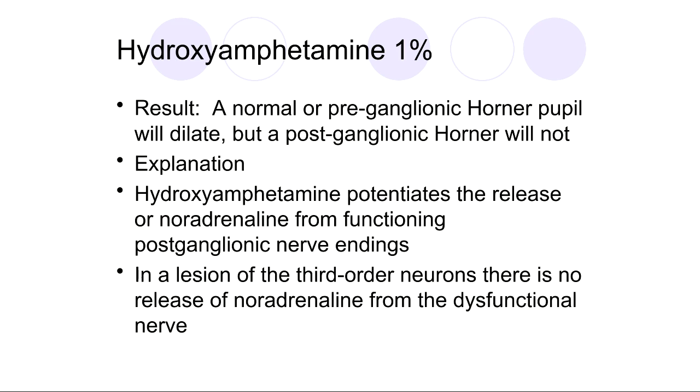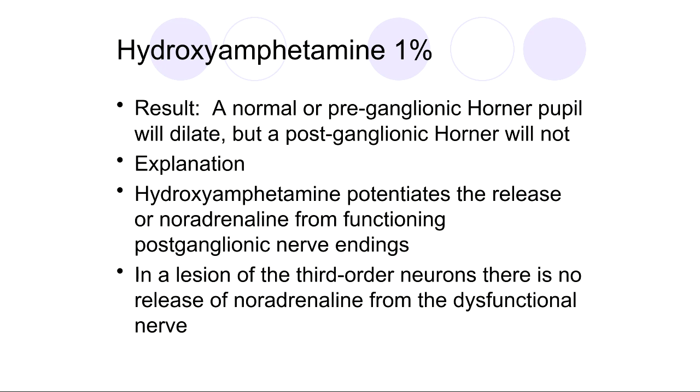Hydroxyamphetamine, however, is a test that we're going to use to differentiate whether we have a preganglionic or a postganglionic Horner pupil. When you instill hydroxyamphetamine 1% in both eyes, the normal or the preganglionic Horner pupil will dilate, but the postganglionic Horner will not dilate.